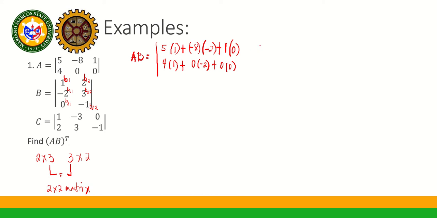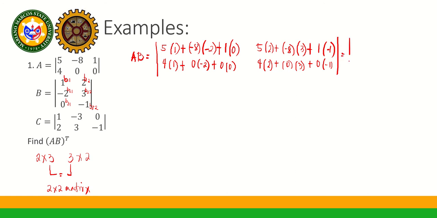So, for the next one, the elements of our first column in matrix A multiplied by B12. And then we add the elements of our second column multiplied by B22, that is 3. And then we add the elements of our third column in matrix A multiplied by B32, and that is negative 1. And then we simplify.